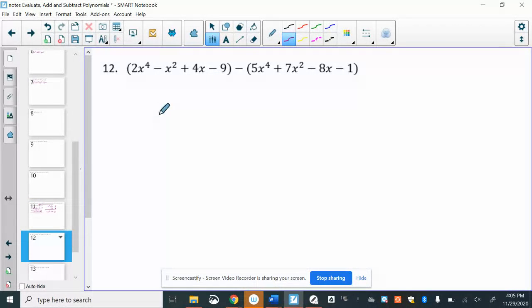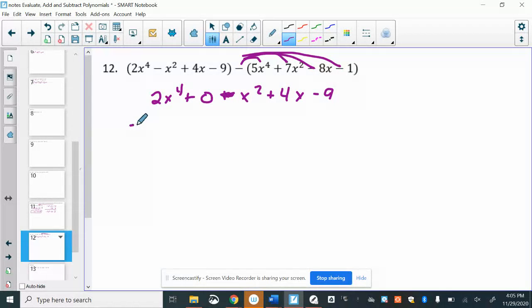All right, I'm going to do this one vertically as well. So let's see. I'm going to write the first term, 2x to the 4th. Just going to put a 0 for the x cubed term. We got minus x squared plus 4x minus 9. Distributing the negative through to each piece is going to get us minus 5x to the fourth. So just lining it up vertically.